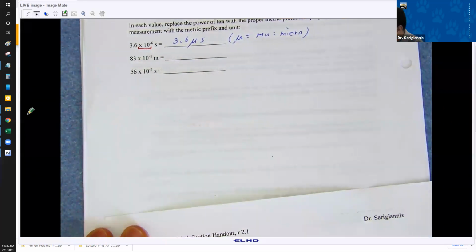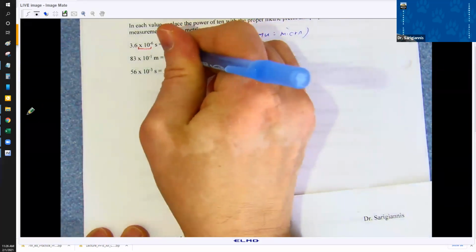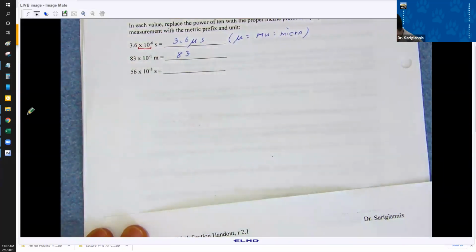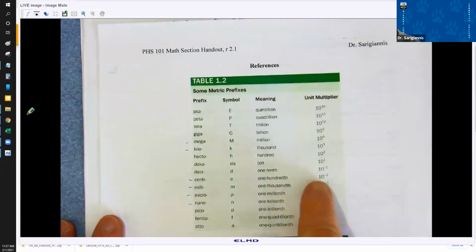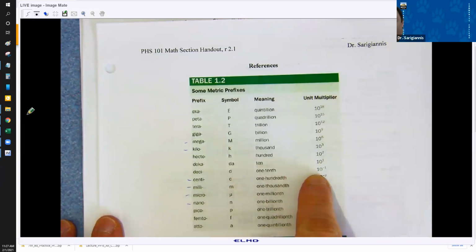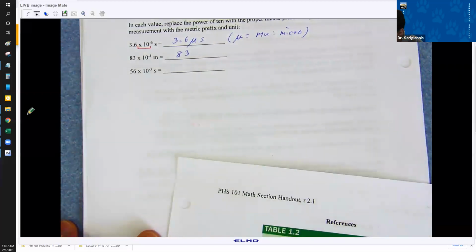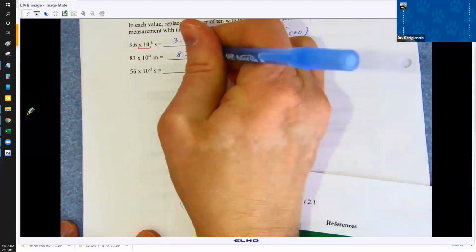83 times 10 to the minus 1. So I'm going to put in here 83. And what are we going to replace the times 10 to the minus 1 with? We're going to look at this. Times 10 to the minus 1, that is a deci. I don't even remember the decimeter. So we're going to write dm.